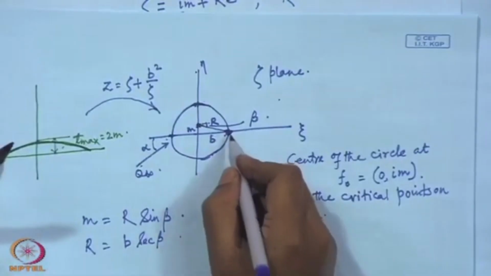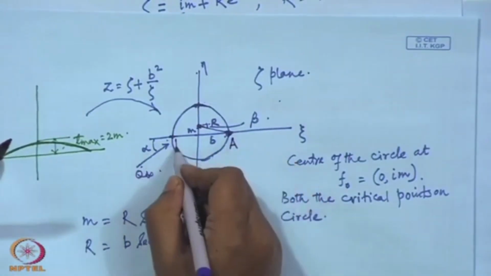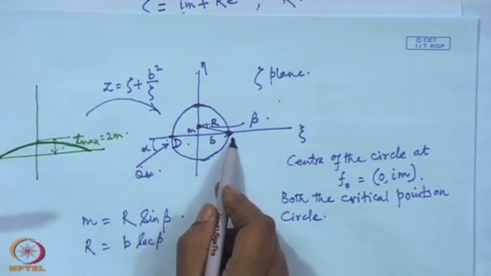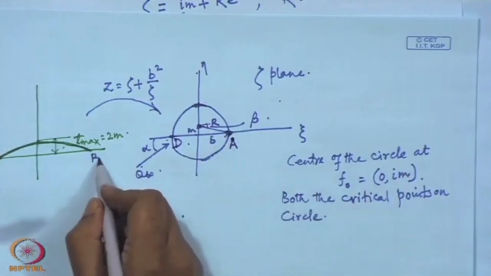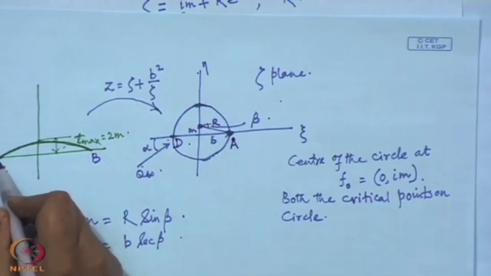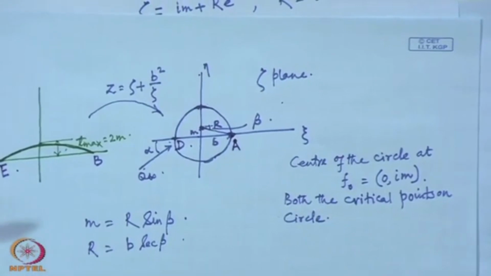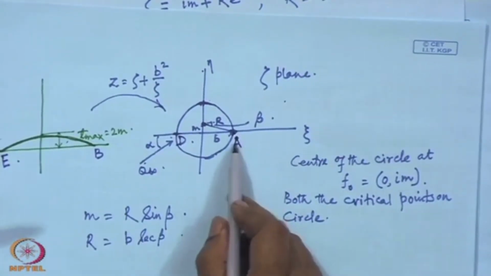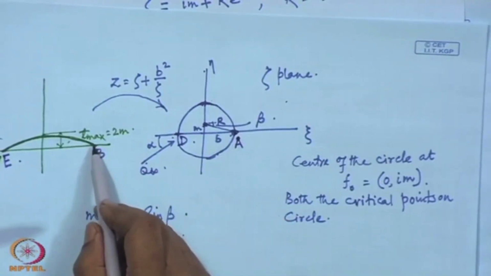See, these two critical points on the circle plane, let us denote them by A and D. These are the two critical points. These two points transform to the corresponding points here as B, and this corresponds to say E. A is the trailing edge point, and we have earlier seen how to find the velocity at the trailing edge point on the transformed plane.